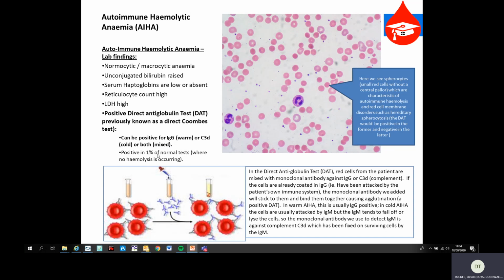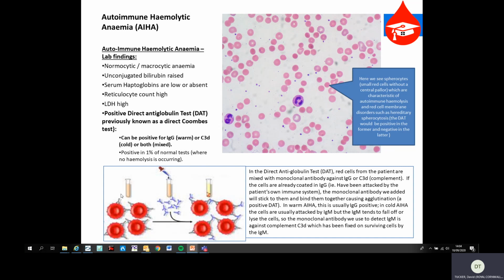And sometimes it's positive when there isn't any hemolysis going on, about 1% of tests if you look at them epidemiologically. People get really confused by the direct antiglobulin test, but basically what you're doing is you're taking the patient's red blood cells, and the question we're asking is, have those red blood cells got antibodies stuck to them, either IgG, or have they got a bit of complement stuck to them, C3d?